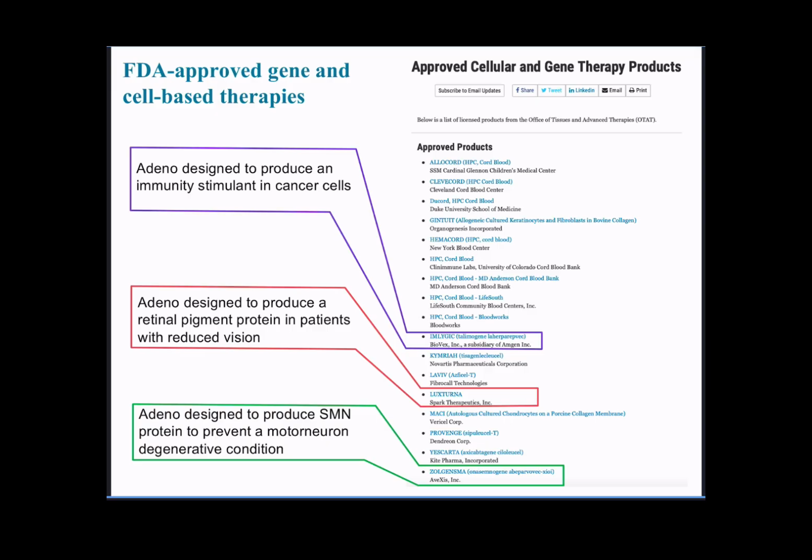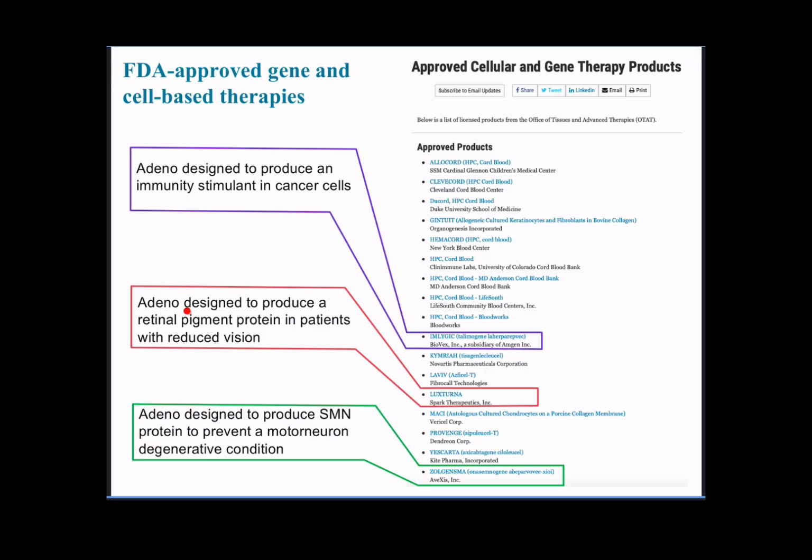The idea here is that cancer cells often evade immune attack by the patient's immune system by sort of flying under the radar, if you will. And there are some adenoviral-based gene therapies that make those cancer cells more visible to the patient's immune system, so now the patient's immune system can attack them.